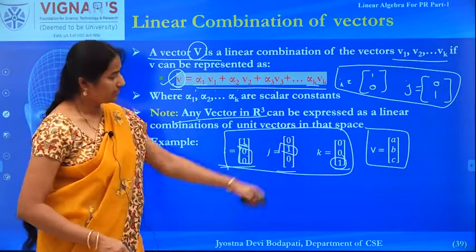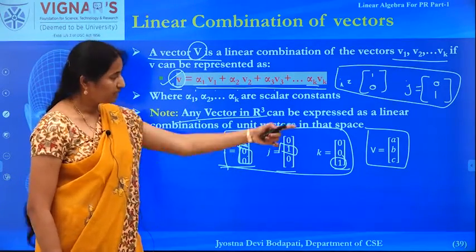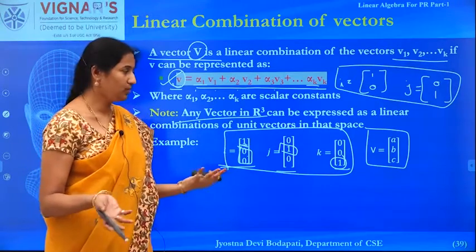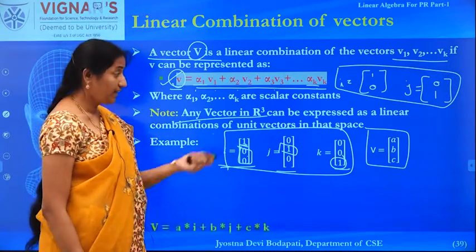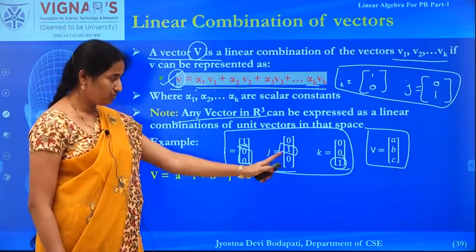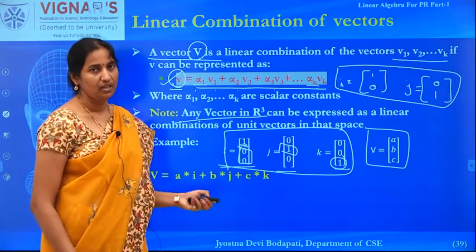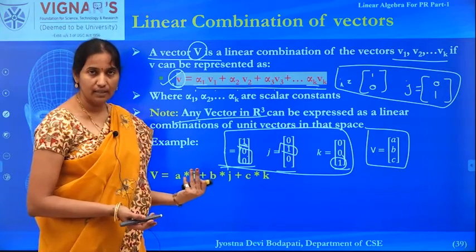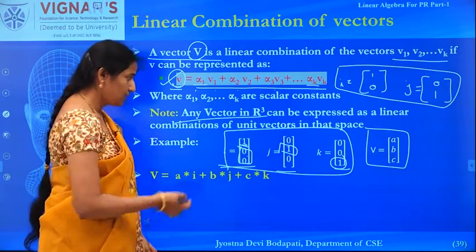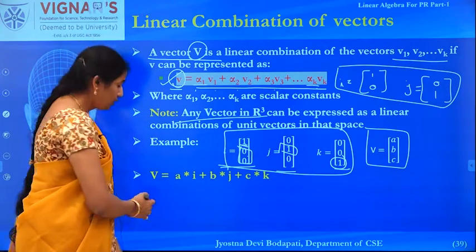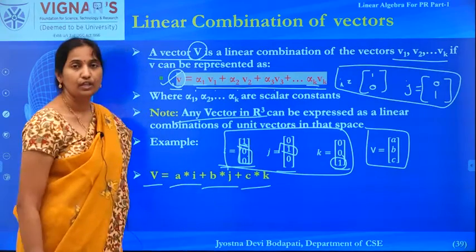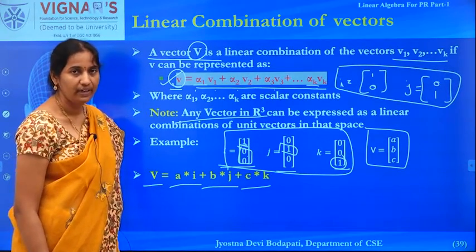Consider this vector v, which I am taking in a general form: a, b, c. So a can be any value, b can be any value, c can be any value. Any vector in the 3-dimensional space can be written as a linear combination of these 3 vectors. Now, let us see how v can be written. v can be written as a times i plus b times j plus c times k.